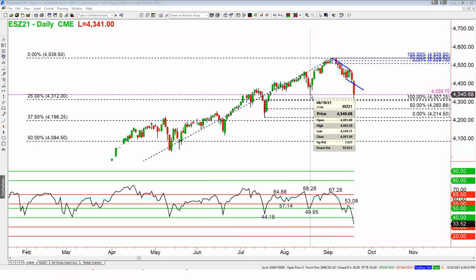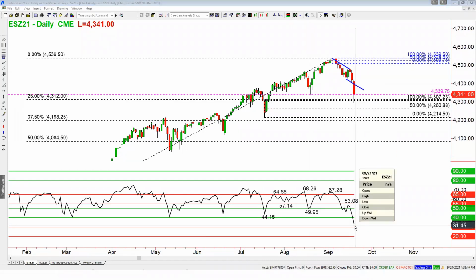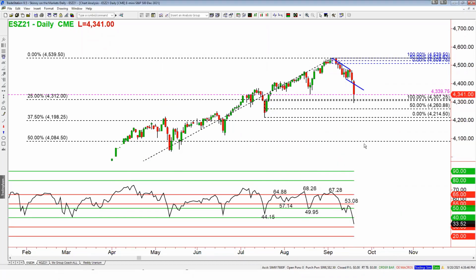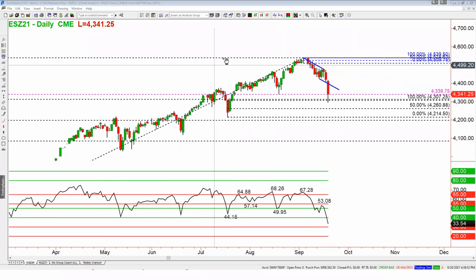We actually closed a tiny bit above it. Also, we are pretty oversold compared to recent levels on the power zones, but there's still room to go lower, okay? So I got to see what happens in the overnight a bit to make more of this, but my initial observations are the following.